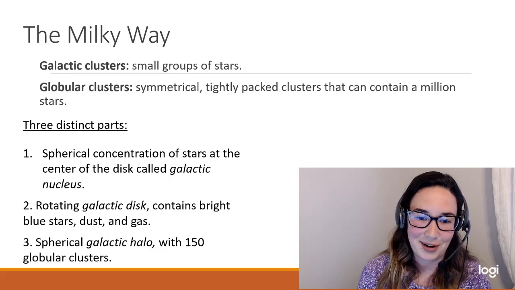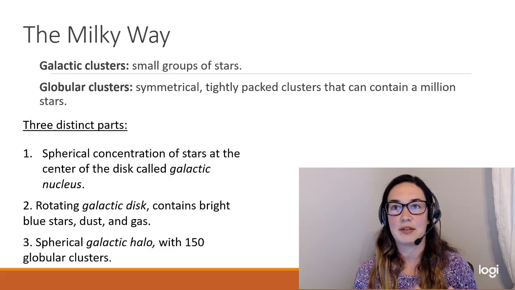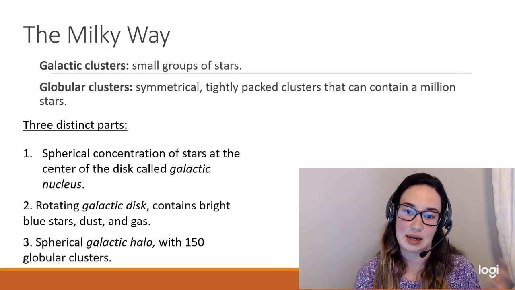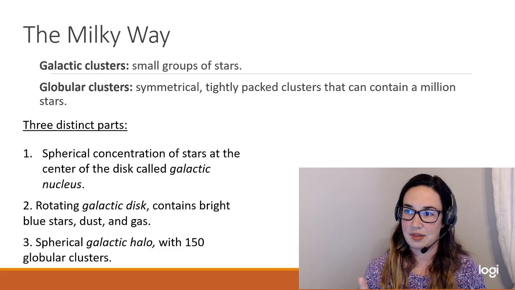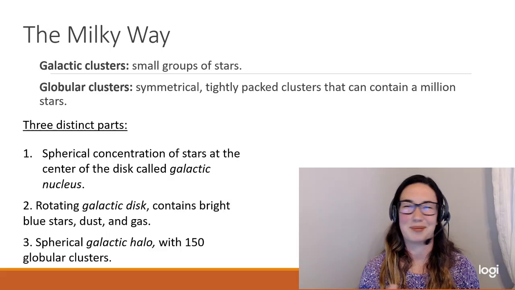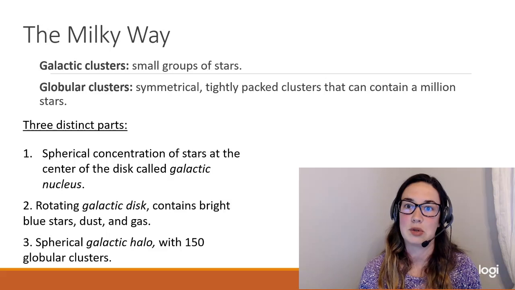The second part is the rotating galactic disk, containing very bright blue stars and also dust and gas, the pieces of dust and dirt and space gas that exist between all of those stars.